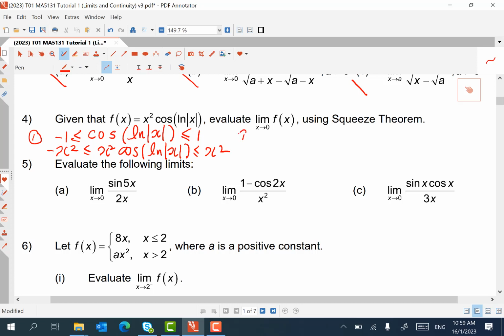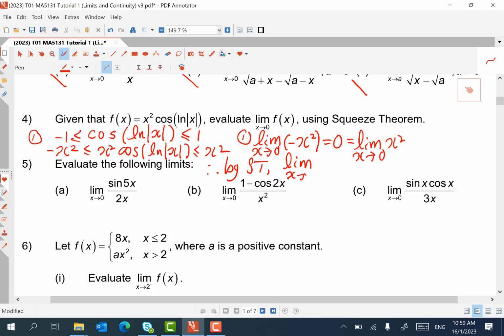Then secondly, you must actually work out the limit of the function on the left. Show that it is 0, and then say that the limit of the function on the right is also 0. Therefore, by the squeeze theorem. You should spell out in full the limit of this one.